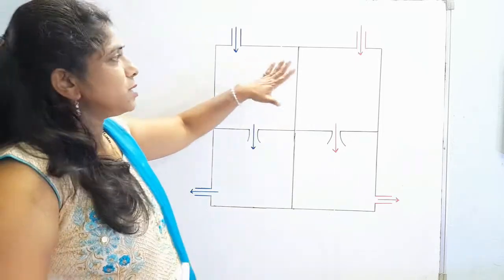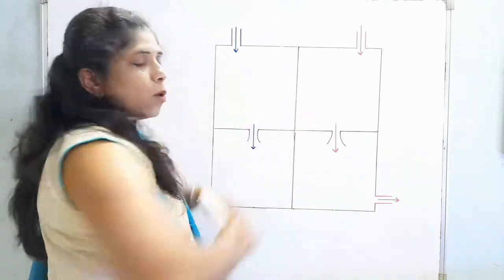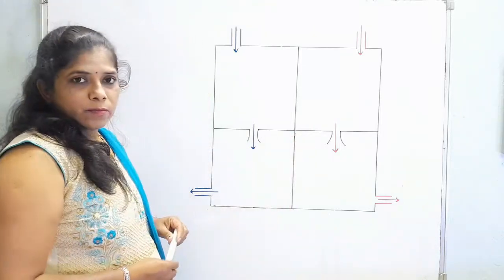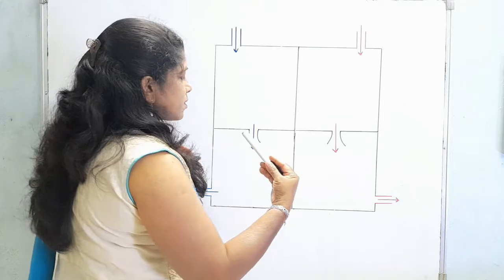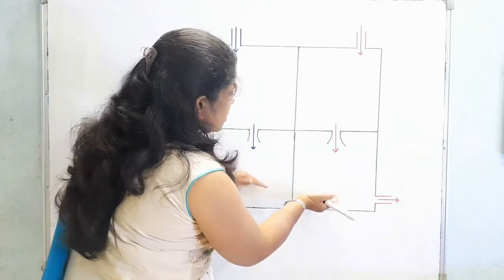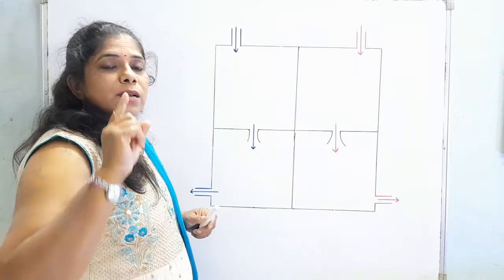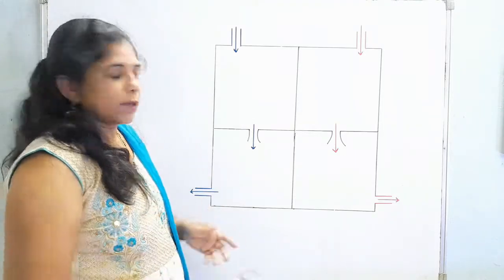Okay. When auricles are relaxed, what happens? Already we have studied. Now when ventricles contract, here there are chances for the blood to flow in the backward direction, but this doesn't happen. Why?